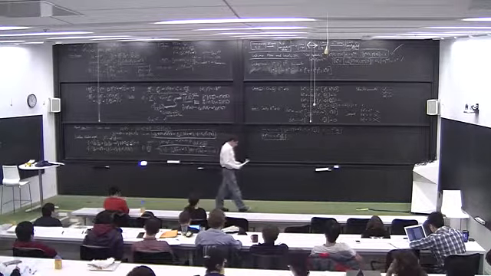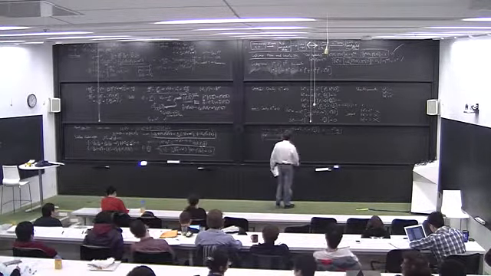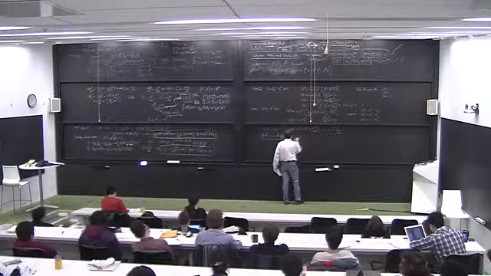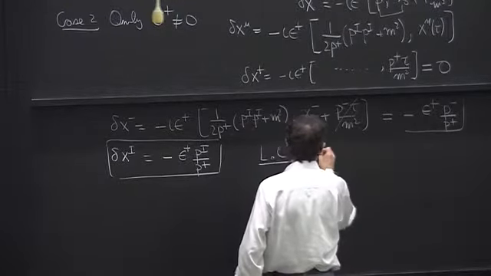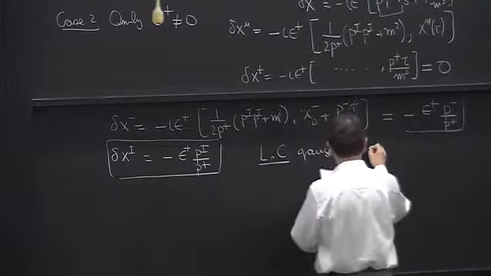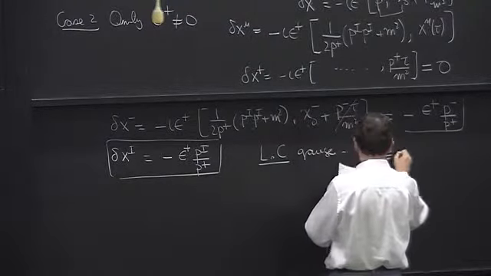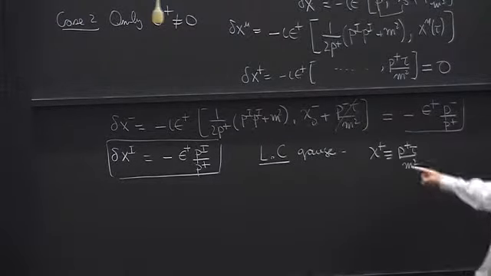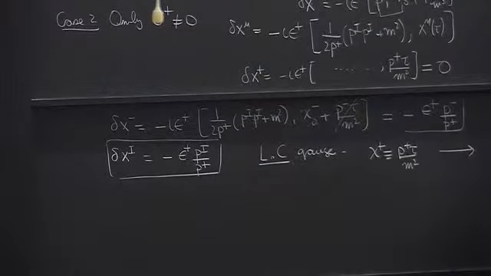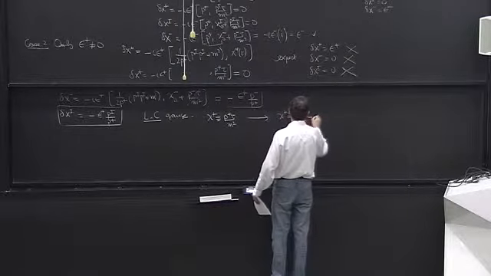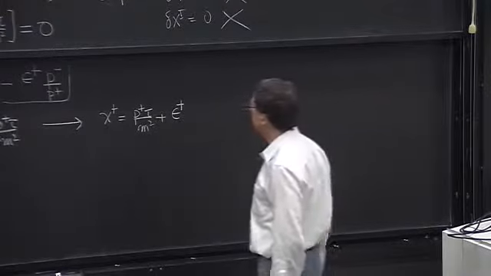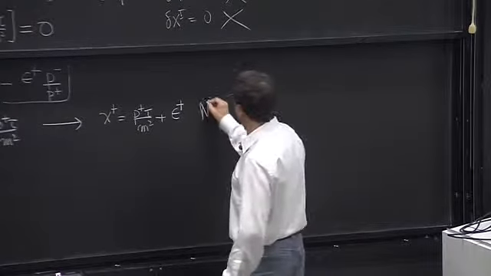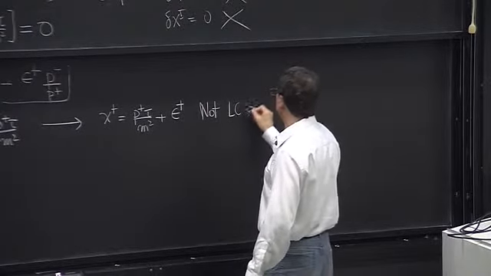You see, you impose the light-cone gauge, in which x plus was equal to p plus tau over m squared. If this would have gotten translated, after this transformation, x plus would have become p plus tau over m squared plus some epsilon plus. And this is not light-cone gauge anymore.